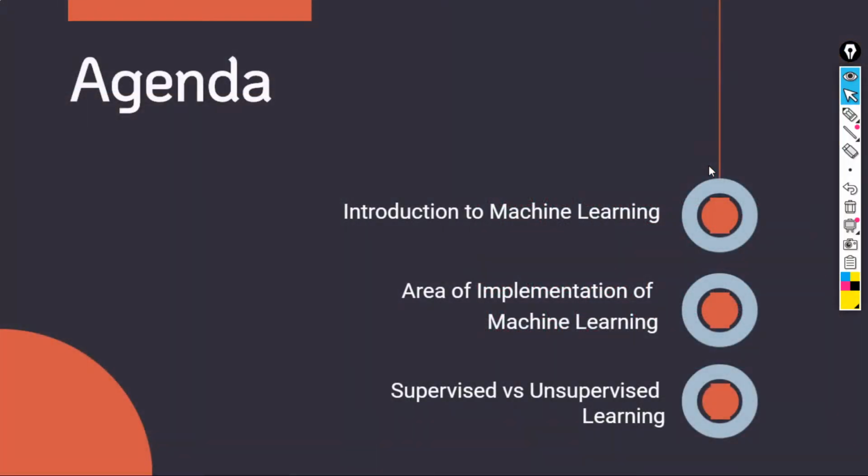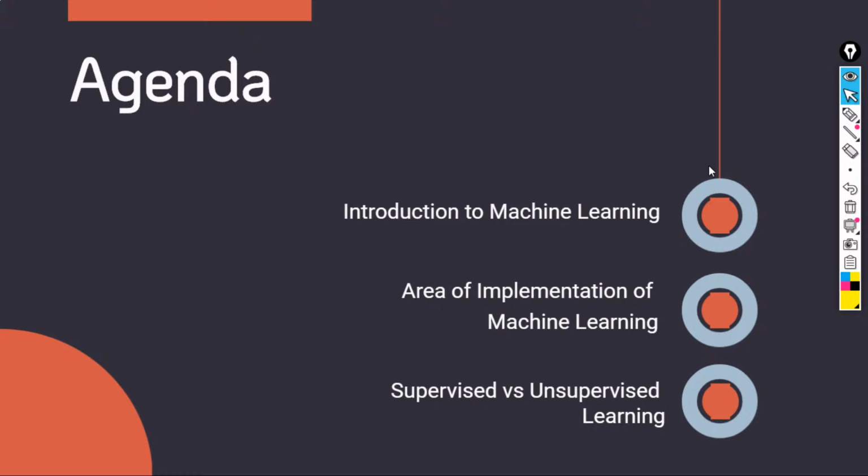And the agenda, I hope, must now have been understood. The agenda is to understand what machine learning is, to introduce you to the concepts of machine learning, and to look at the different topics that we would be dealing with in machine learning. Thereby, we will move on to the different areas of implementation for machine learning, looking at the wide range of areas, followed by some real-time case studies.